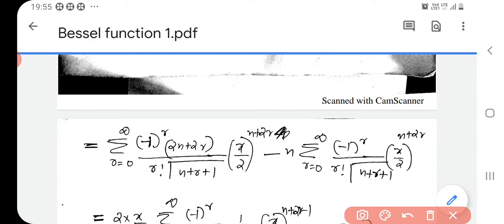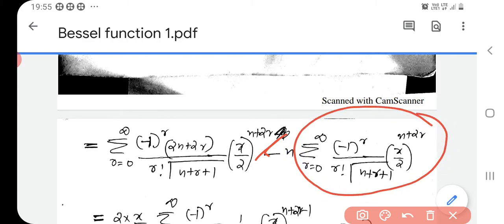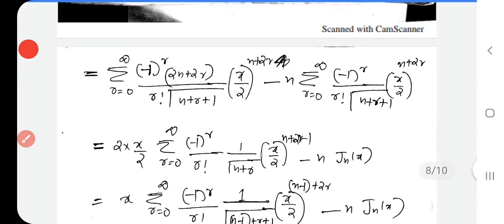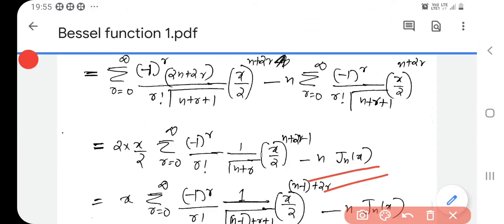And here we have x by 2 to the power n plus 2r. This term is basically our j n of x, simply j n of x. So one can write this as minus n j n of x.